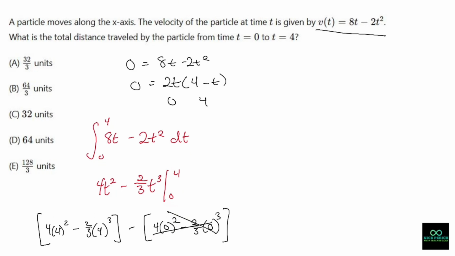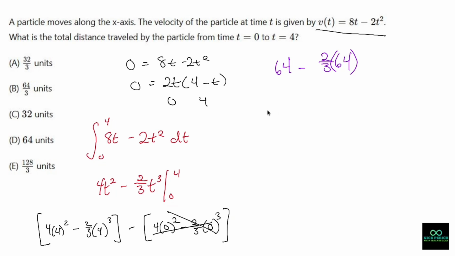So now I just need to focus on the left side right there. 4 times 4 times 4 is 64, minus 2/3 of 64. No, that's not going to be pretty at all. I was hoping it would be. Let's turn 64 into something over 3.